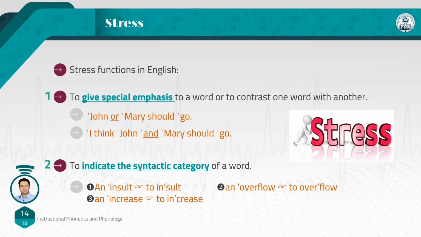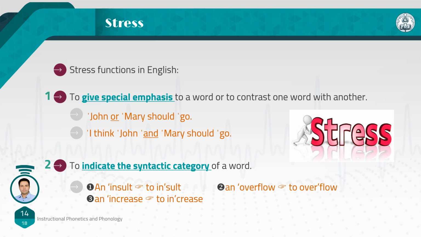Of course, there are nouns with second syllable stress, like, for example, guitar or piano, and verbs with first syllable stress, like, for example, tremble or flutter.